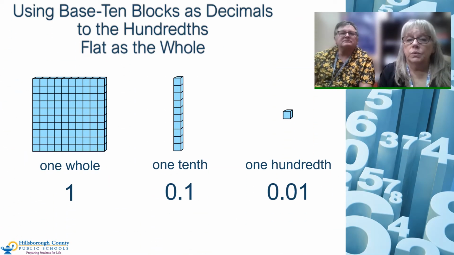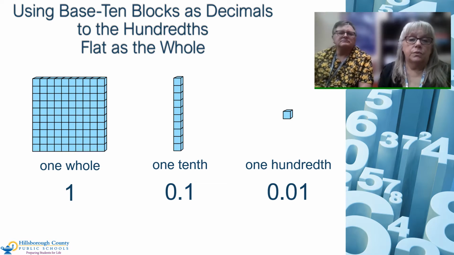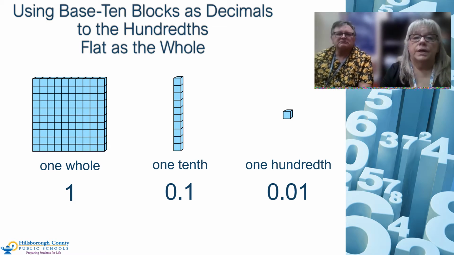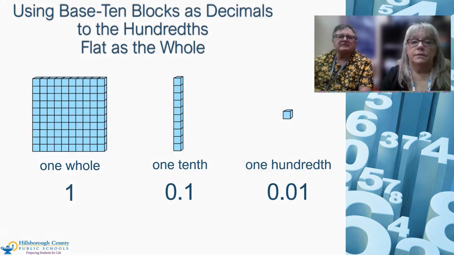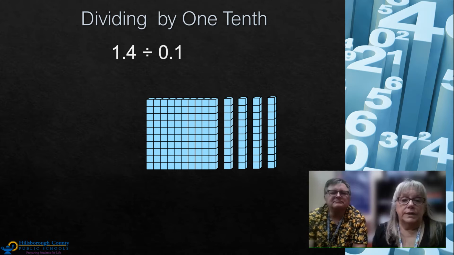Because we are only dividing by tenths and hundredths, we can use the flat as our whole in this unit. So we'll be using the flat as one whole, the rod as 1/10, and the unit as 1/100th. Makes sense? Here you see 1 4/10 divided by 1/10. Daryl, what does that mean?